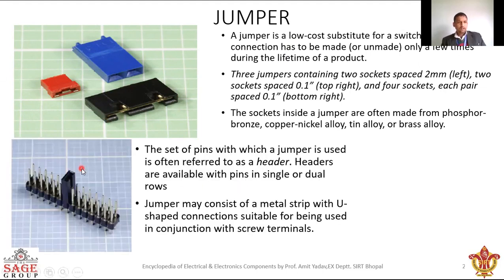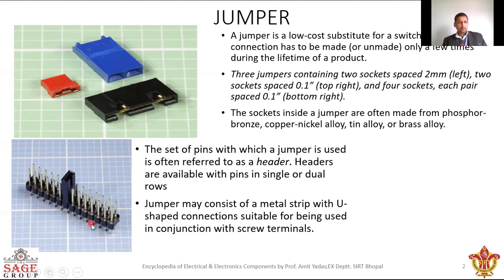Now, there is another type of jumper. You can see in the figure. This type of jumper is called a header. It basically has a set of pins, and these header type jumpers are available with pins in single or dual row.